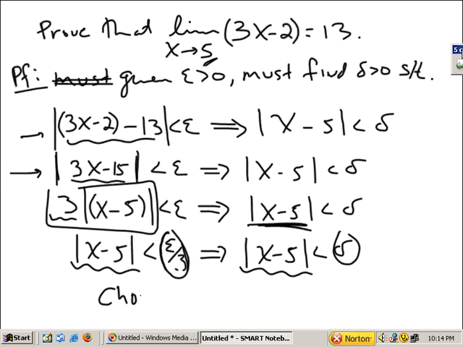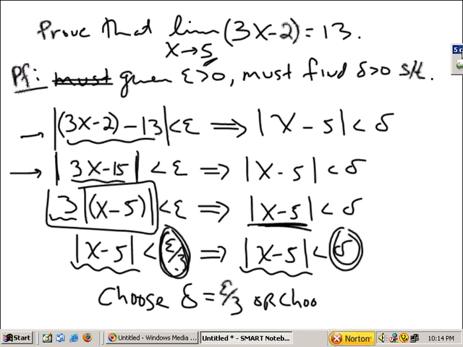Just choose, and literally write this, choose delta to equal epsilon over 3. In fact, you might say choose delta of epsilon, because delta depends on epsilon. To get an exact number for this, you need epsilon. If epsilon was 6, then epsilon over 3 would be 2. So delta is a function of epsilon, epsilon over 3.